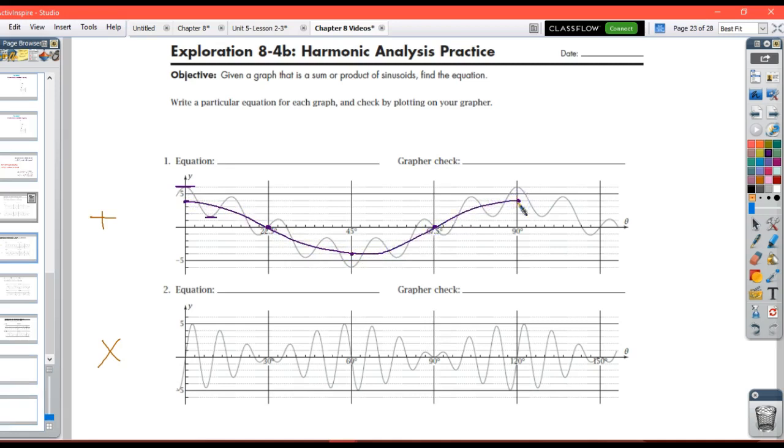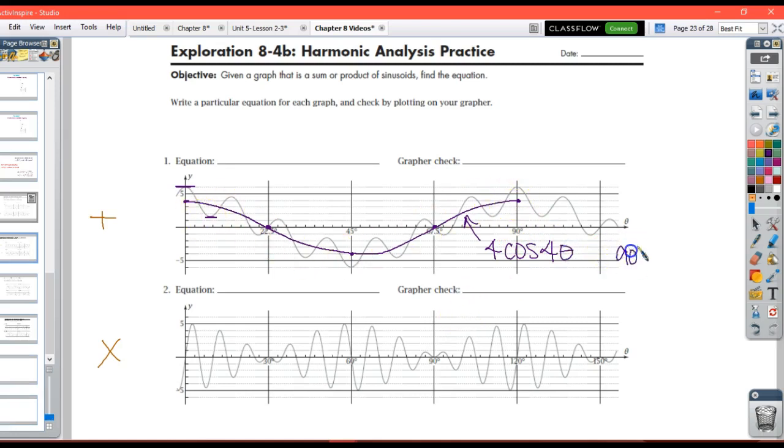So now from here, I can see that this curve is a cosine since it's not starting at the origin. It's starting up at +4, which means that the amplitude is 4 cosine. And then notice that the cycle ends at 90 degrees, which means that it's 4 times smaller than a normal cycle of 360.